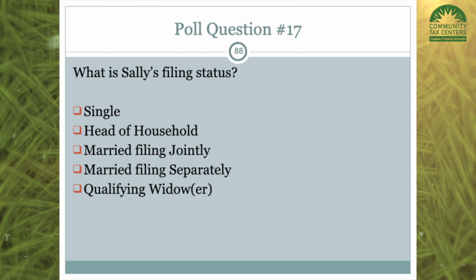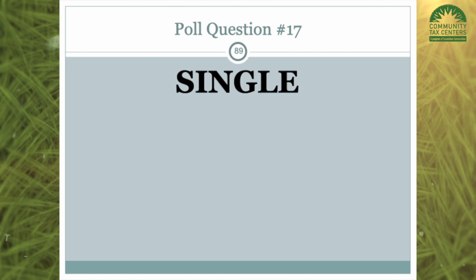And then, who has to qualify you for head of household? Because there's no blood relation. Ann and her son are not related to Sally. You guys are correct. That filing status would be single.